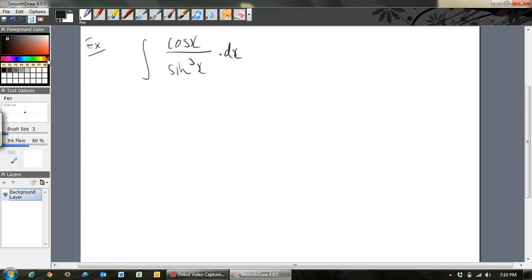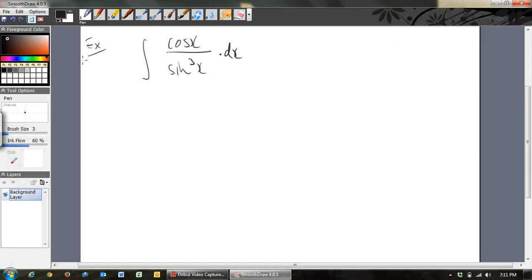But what we do have here is something. You'll notice on the bottom line we've got a function inside of a function, because what this is, is sine x to the power 3. So I've got a function sine x inside of a function of that. So you've got an inside function. What's the derivative of sine x? What's the derivative of this inside function? It's cos x.